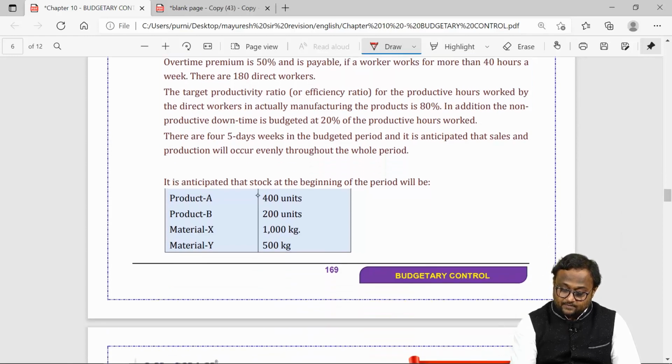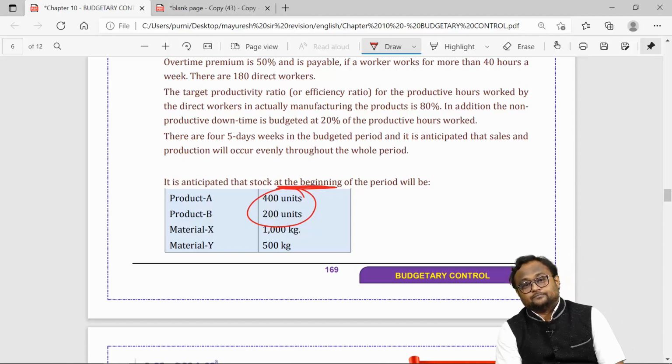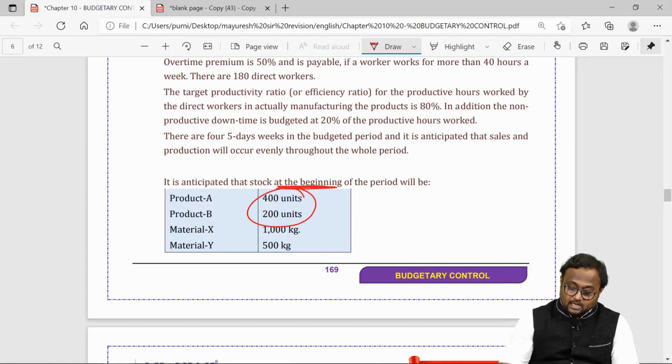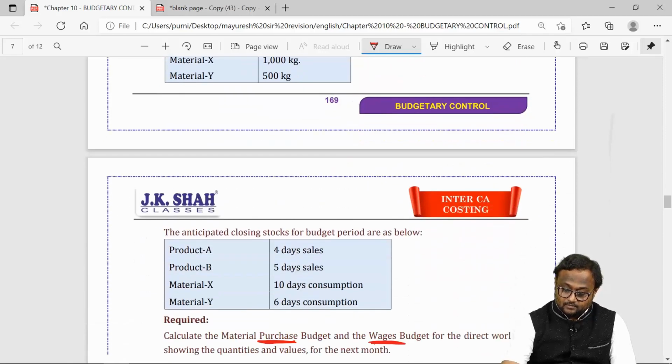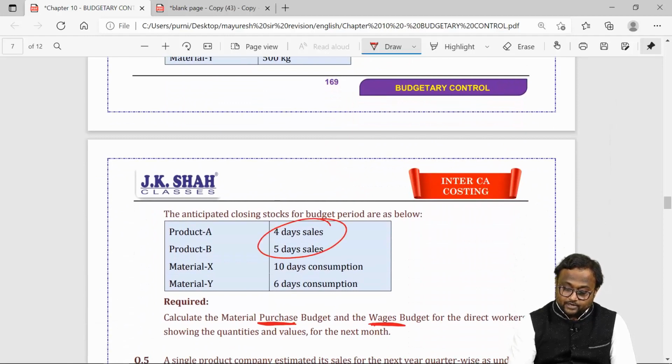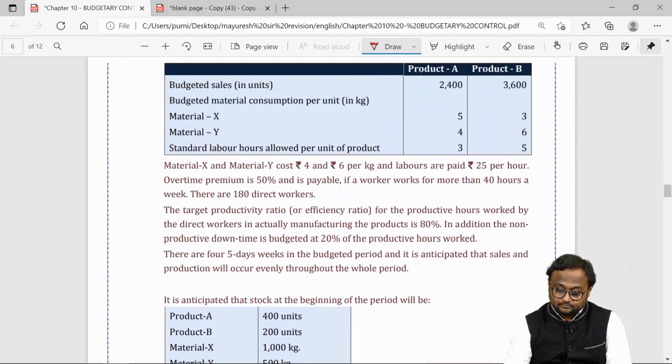They said anticipated stock in the beginning, 400 and 200. And then they said their closing stock is 4 days sales and 5 days sales.